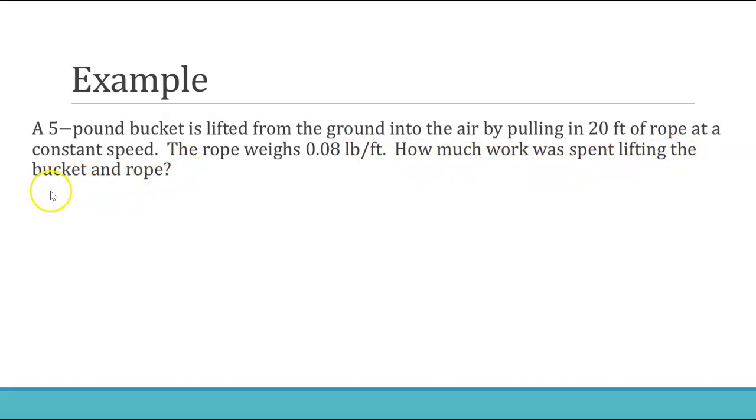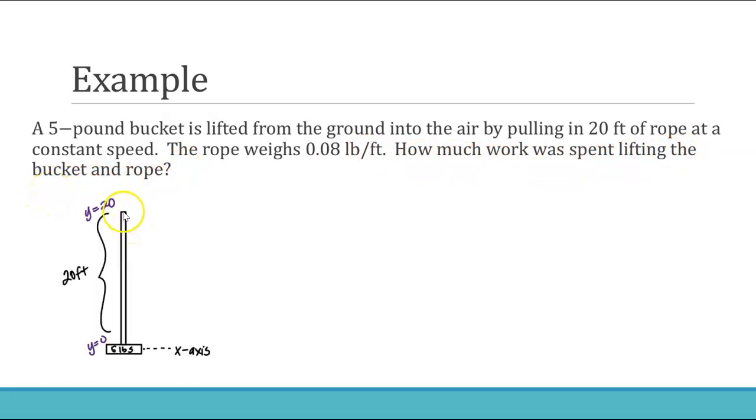Let's start by drawing a diagram. Here I've constructed a rope, which is this thin rectangle, and at the bottom of the rope there's a 5-pound weight, which represents the bucket, and the length was 20 feet again. I've made it so that the length lies along my y-axis, so the rope extends from y equals 0 to y equals 20, and the bottom of the rope is right along the x-axis.